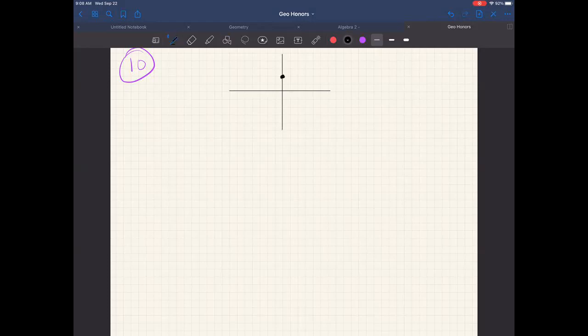We're going to say that this is point A. So look at point A on the coordinate plane. There it is. It's at this point, which is what? 0, 2. Not 20, 0, 2. Okay.